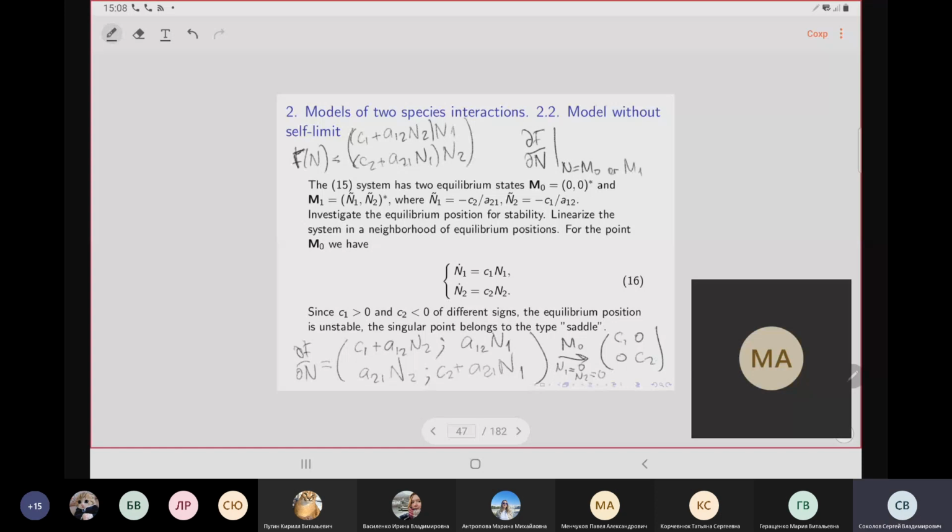What can we conclude about this matrix? Since C1 and C2 have different signs, we can see that the first eigenvalue is C1 and the second eigenvalue is C2. C1 is positive, C2 is negative. So the point M0 is unstable.